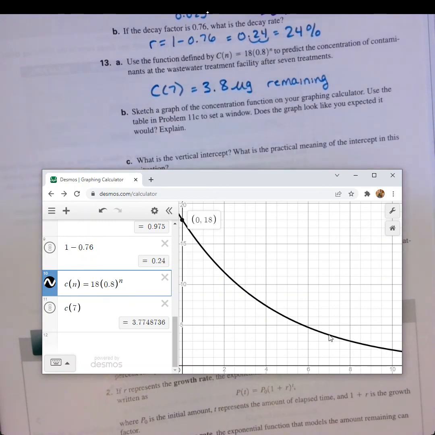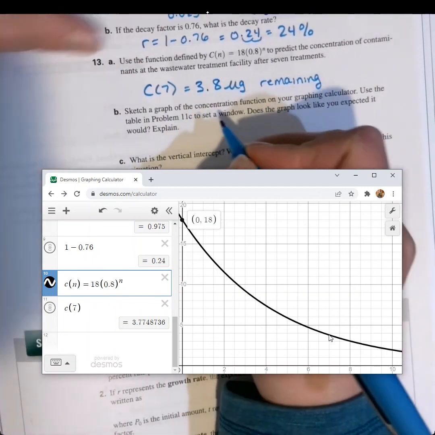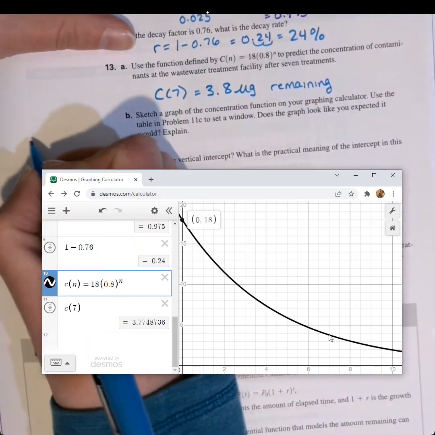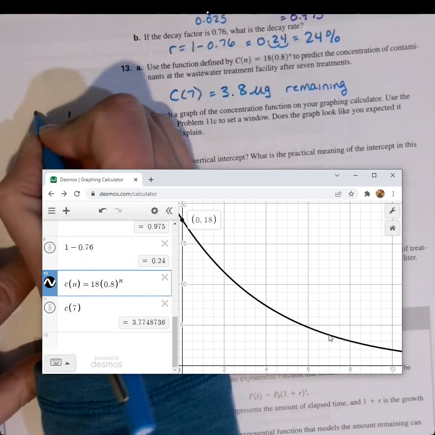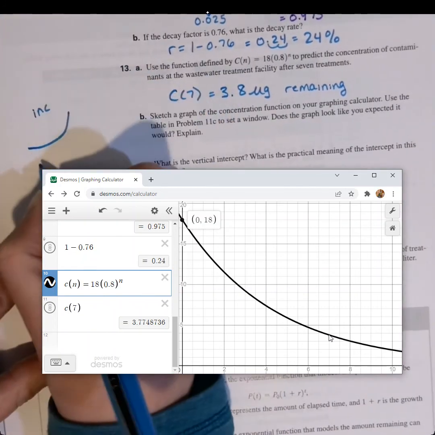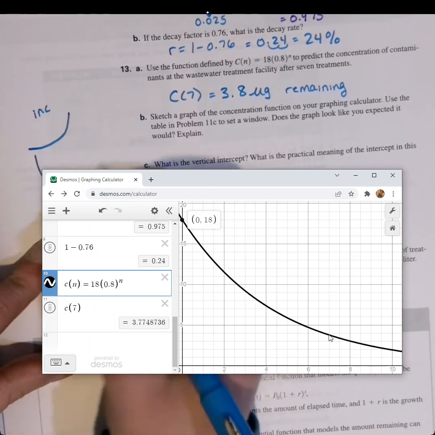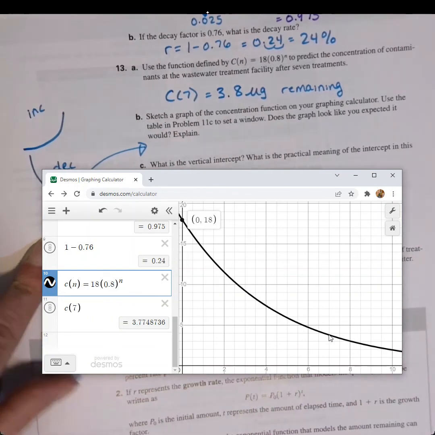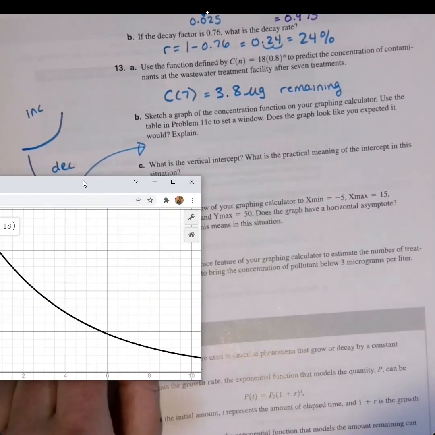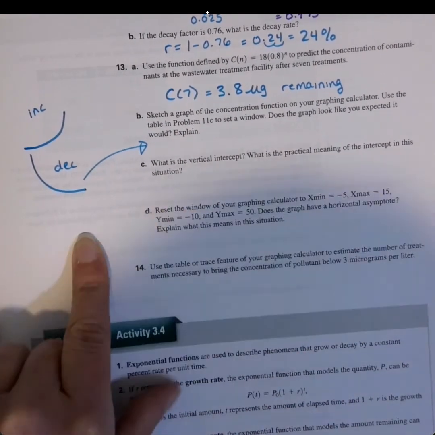Does the graph look like I expected it would, is my next question. Well, what did you expect it to look like? So I know that an exponential function that is increasing would look something like this, and an exponential function that is decreasing is going to look something like this. So I should have expected a decreasing exponential function.